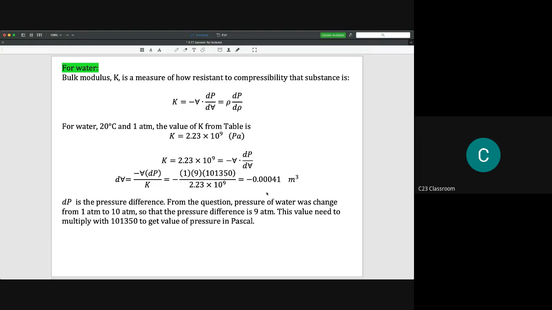The volume is minus 0.0041 cubic meter. dP is the pressure difference. From the question, the pressure of water was changed from 1 atm to 10 atm, so the pressure difference is 9 atm. So this value needs to be multiplied by 101 kilopascal to get the pressure in Pascal.